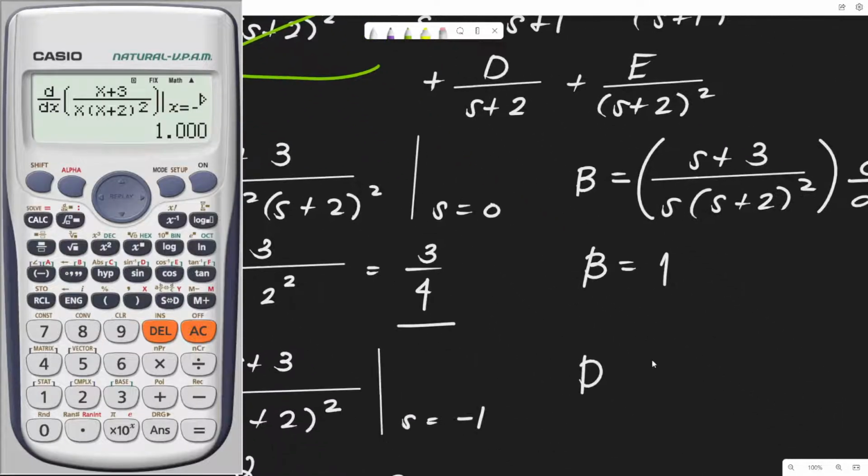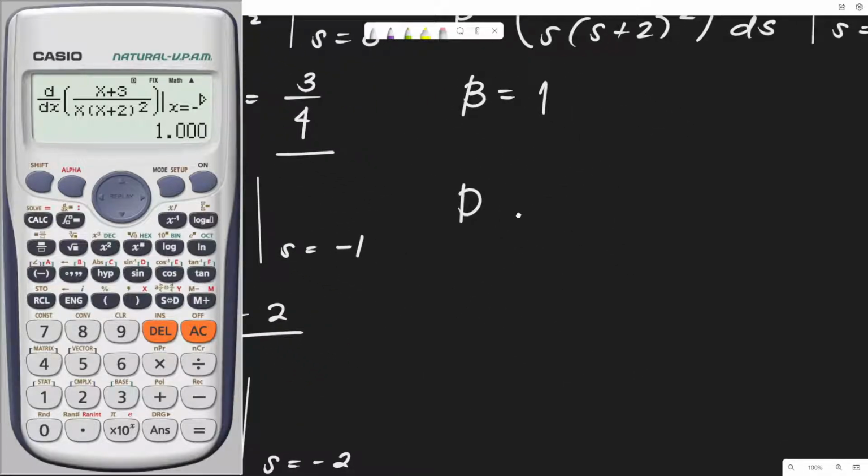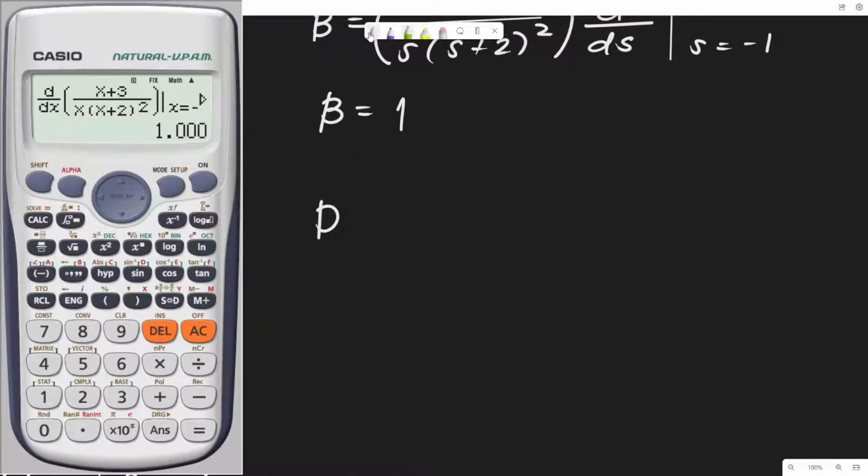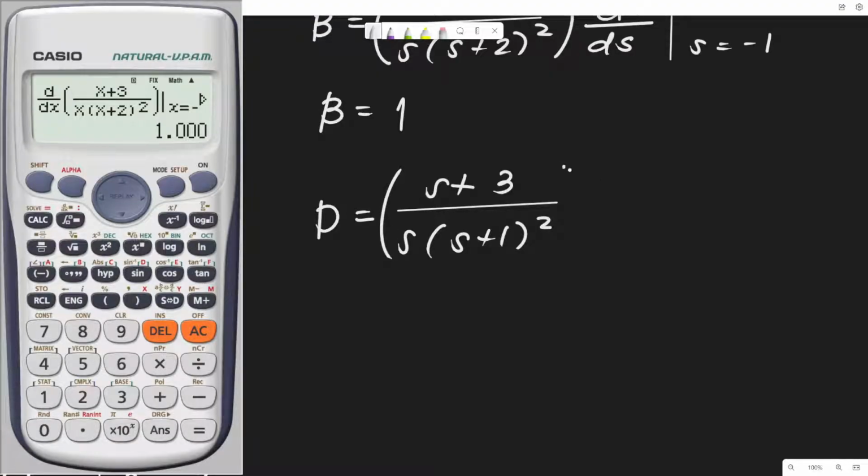So, we have D is equal to s plus 3 all over s times s plus 1 squared. Diba? But we are going to get the derivative in terms of s. D over ds. No? And evaluated at s is equal to negative 2. No? Same as with e.